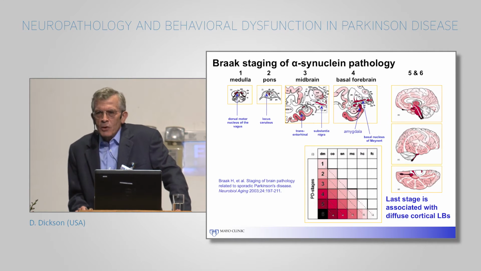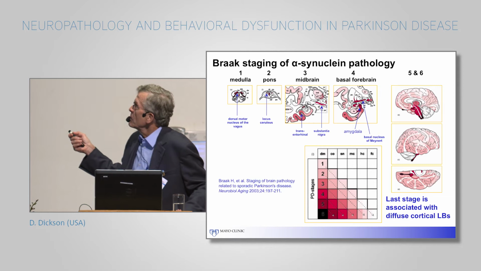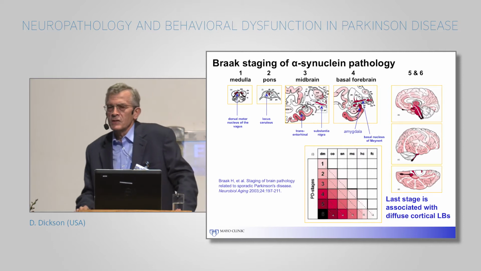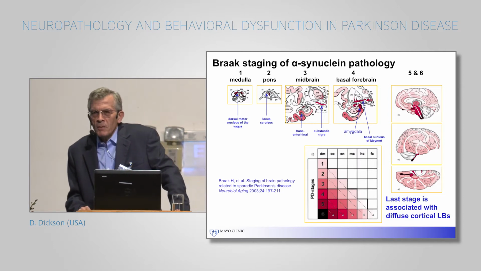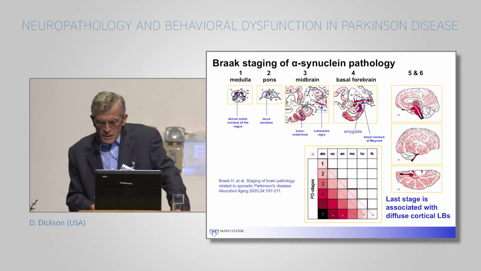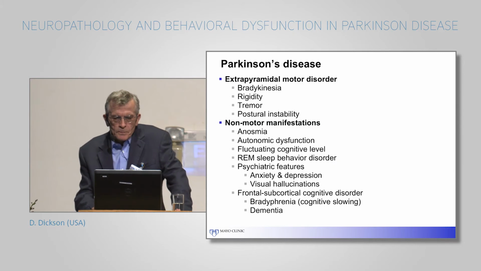Kosaka had a similar classification in which he described brainstem-predominant Lewy bodies, limbic or transitional Lewy body disease, and then diffuse Lewy body disease. So I will often be referring to diffuse Lewy body disease, which basically corresponds to Braak stage 6.